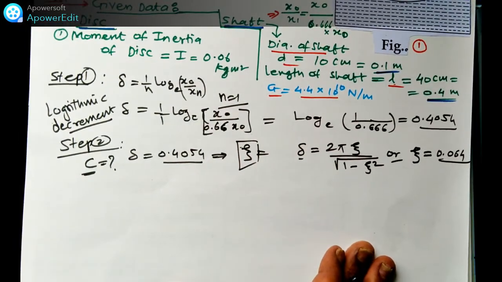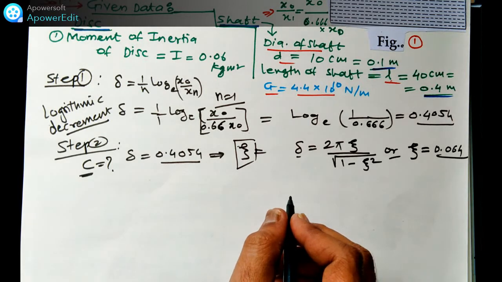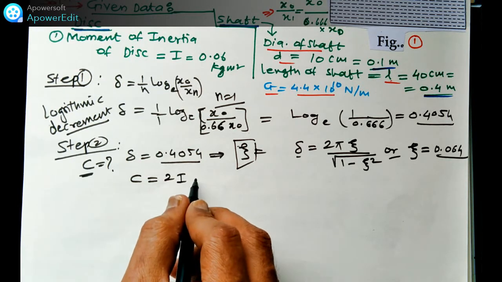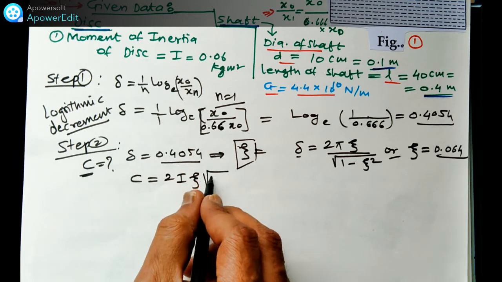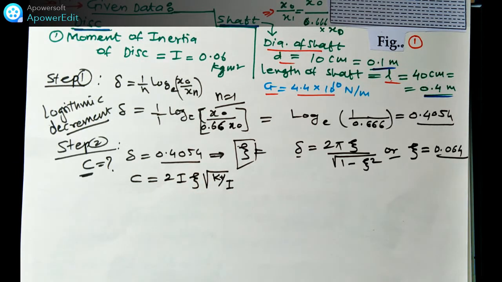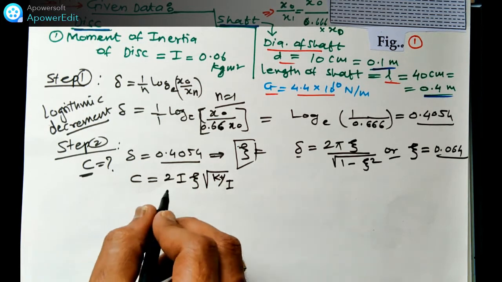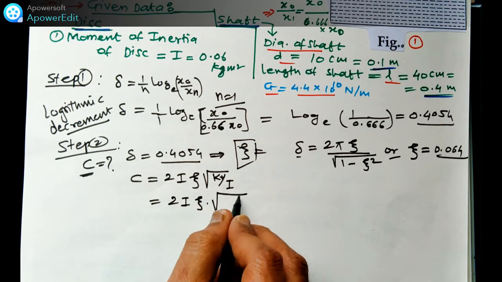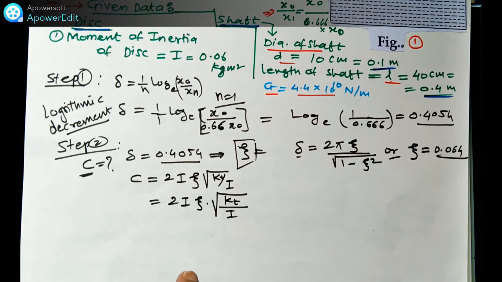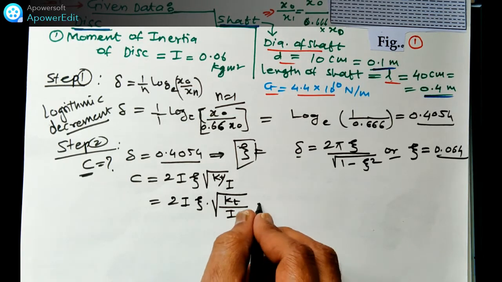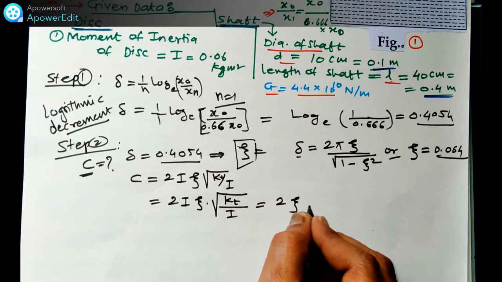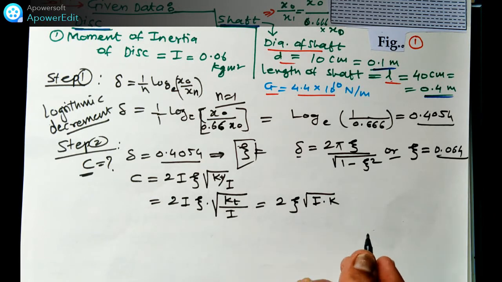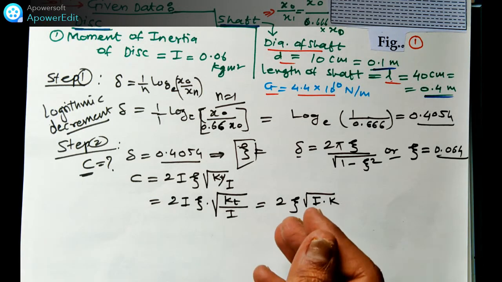Once we find out the value of Zeta, we can find out C. I will write the formula for C. C is equal to 2 into I Zeta into under root of K by I. K means KT, so KT by I. So 2 into I, the moment of inertia, into Zeta under root of KT by I. Or we can write it like this also: 2 Zeta into under root of I into K, or Km, for the linear vibration.